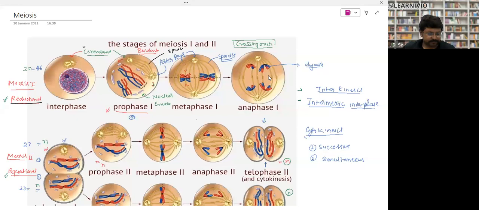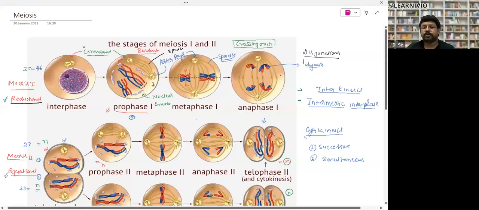Full stop. The process of separation is known as disjunction.